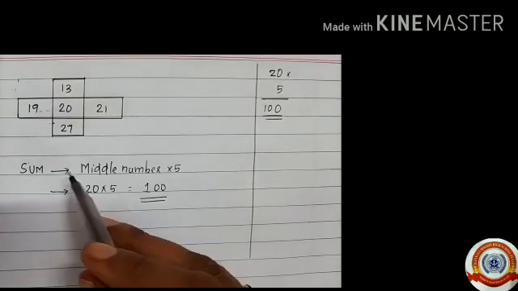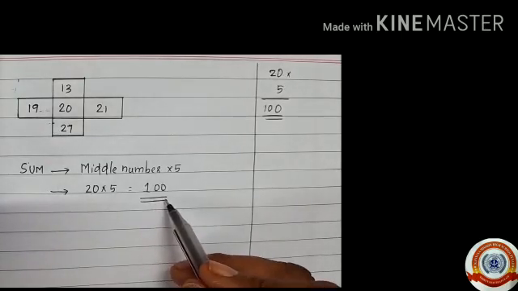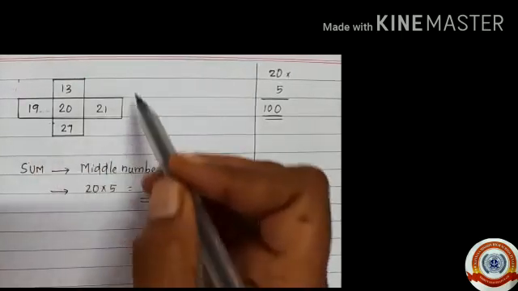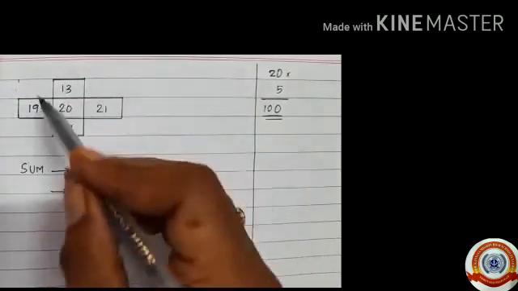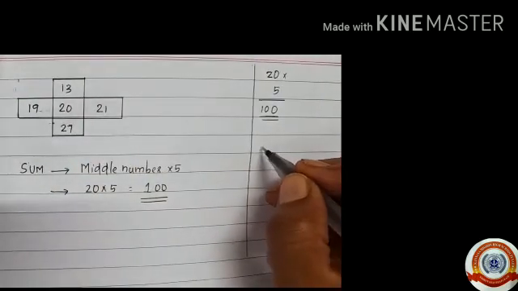Let's check whether this sum 100 is correct. We have to add all these numbers.